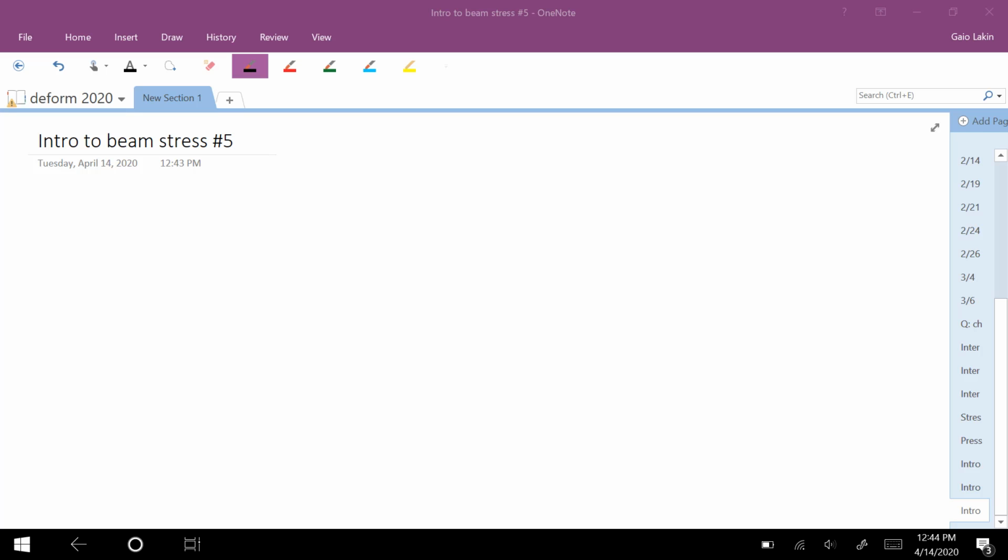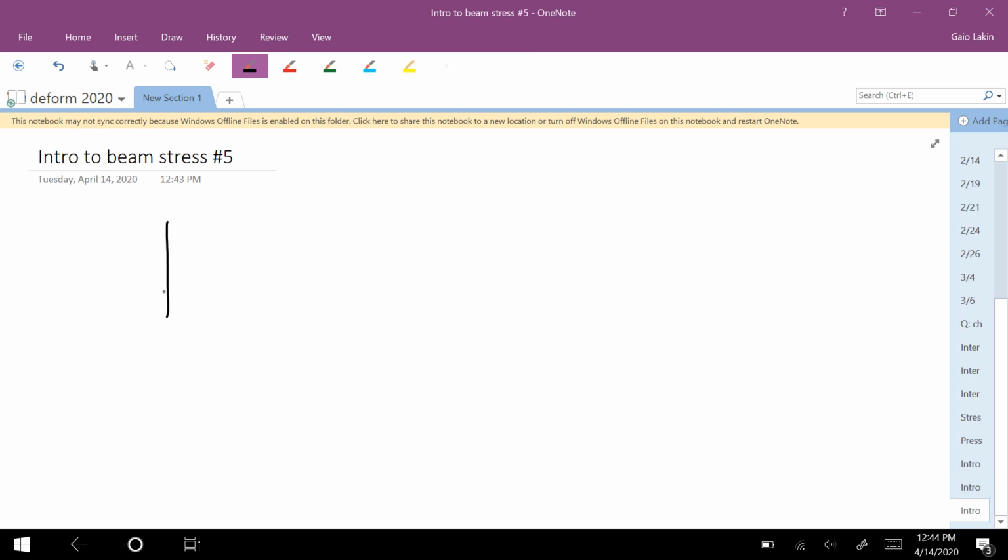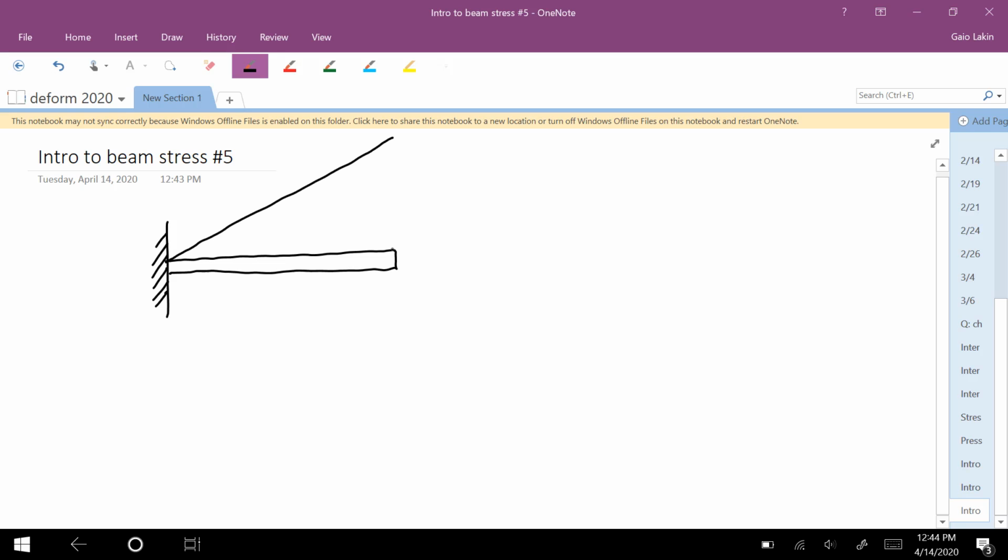Okay, this is a solution to number 5 on Intro to Beam Stresses. You have a wall on the left and a beam with a fixed joint coming out of the wall and a triangular distributed load like this.